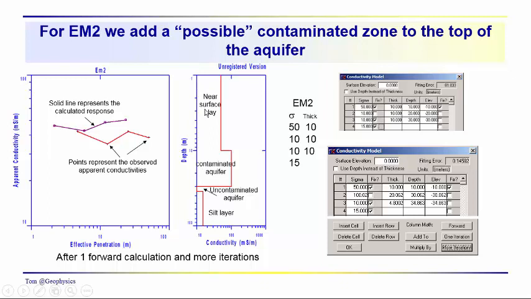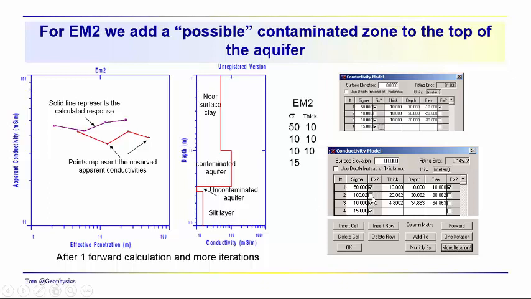And again, just to kind of zero in, then after a second iteration, we have a better match. Just to remind you of the model here, this is the near surface clay interval, this is the contaminated aquifer, this is the uncontaminated aquifer, and this is the silt lying at the base of the aquifer.